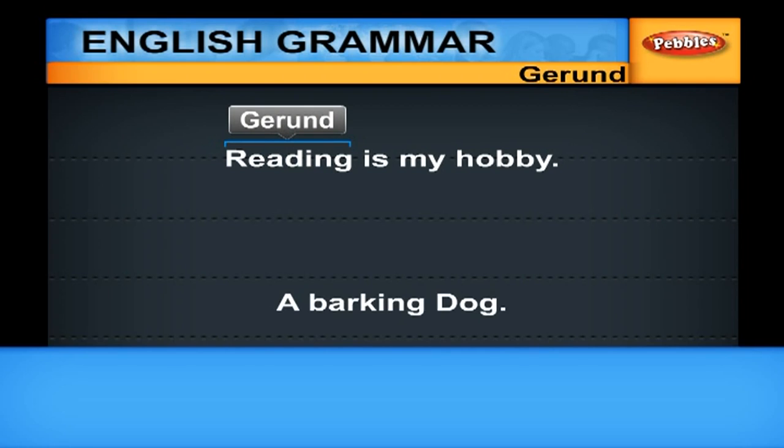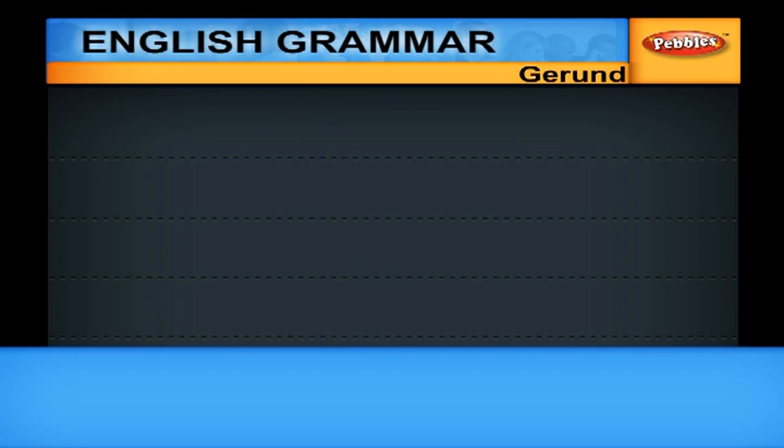A barking dog. Barking is a verbal form, but here it is functioning as an adjective. So you must know when a verbal form performs a verbal function or when it functions in other cases. The same is the case with to infinitive. I want to meet him.